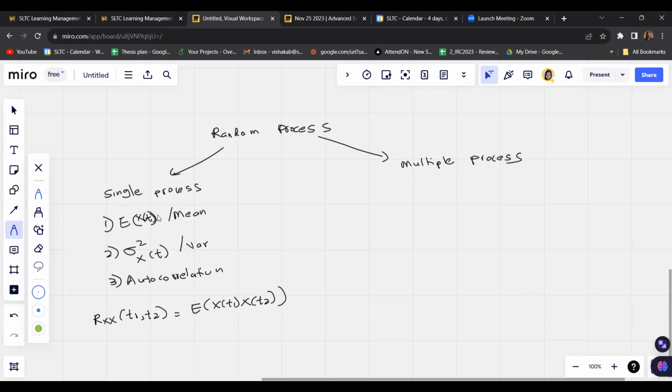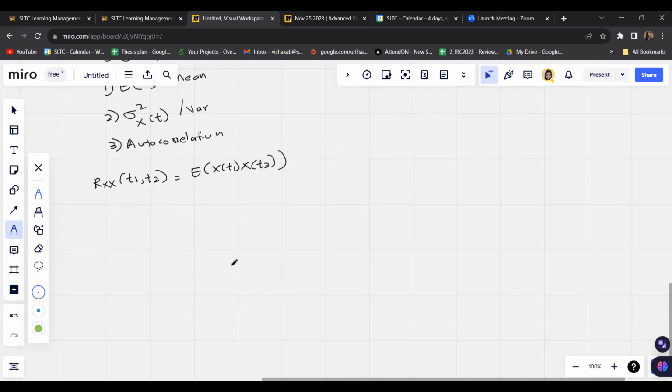If the random process is IID, then its autocorrelation value equals the expectation of the random variable. I will denote that mathematically.